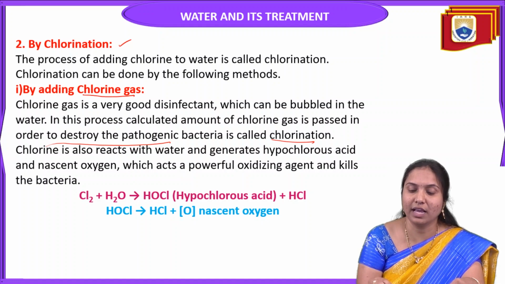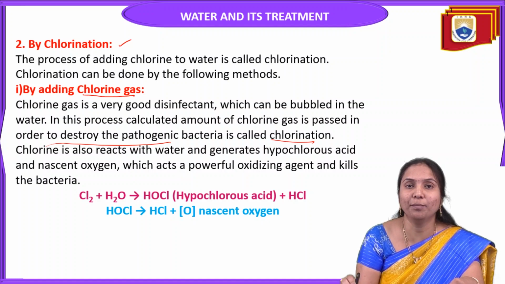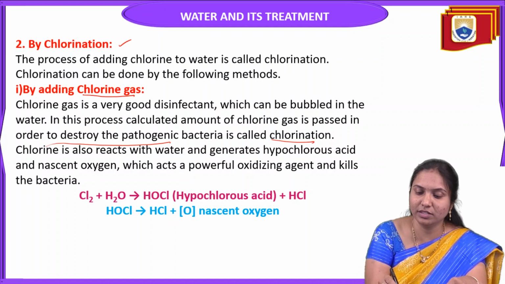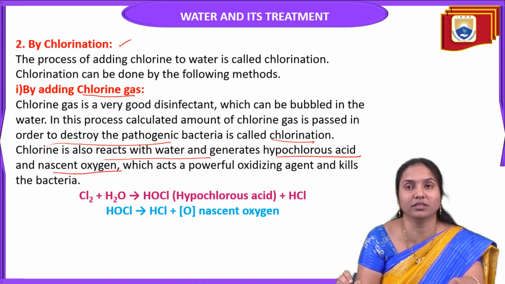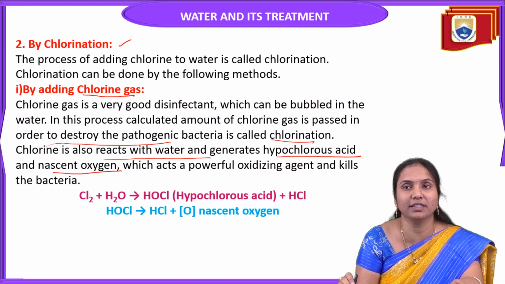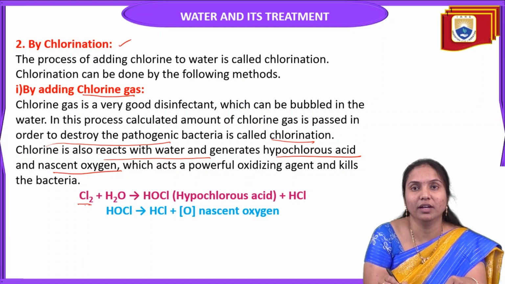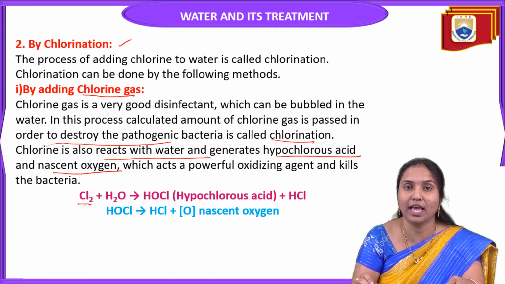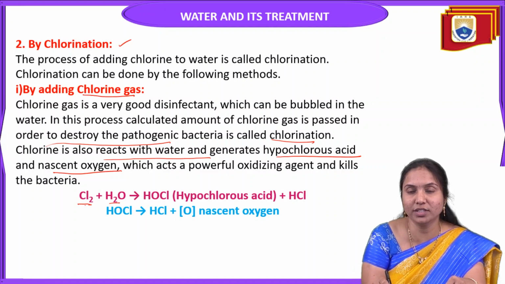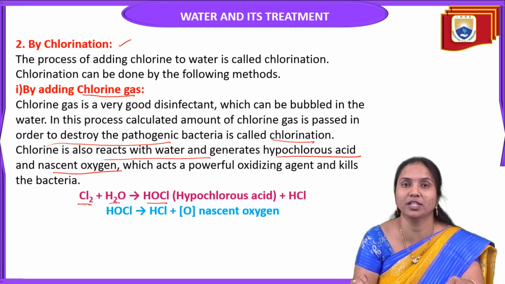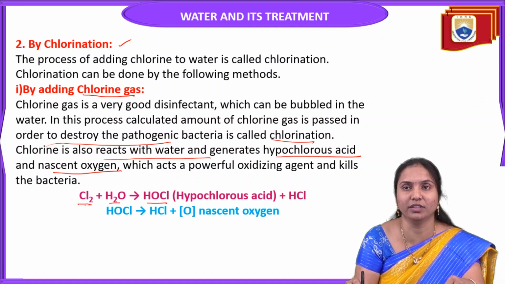Chlorine also reacts with water and generates hypochlorous acid, and also produces nascent oxygen, which is a powerful oxidizing agent and kills the bacteria. For example, when we add chlorine gas to this water, it first produces hypochlorous acid, formula HOCl, and the byproduct is HCl.